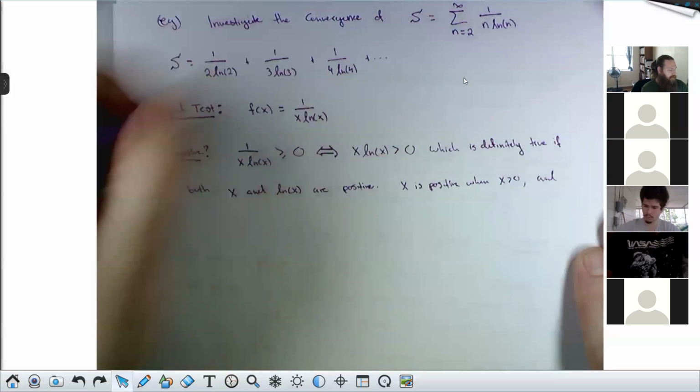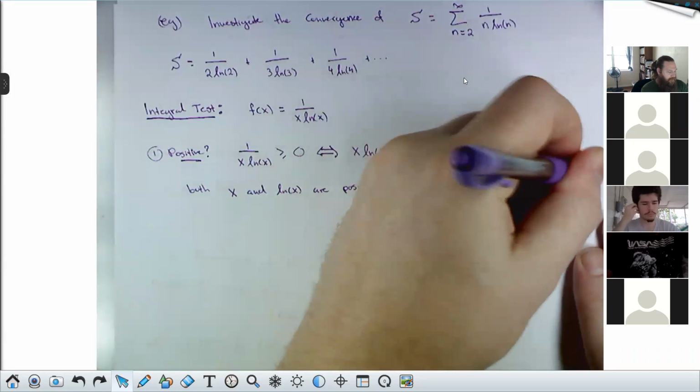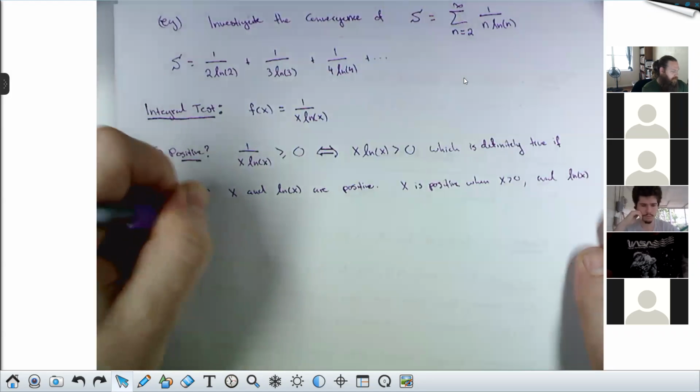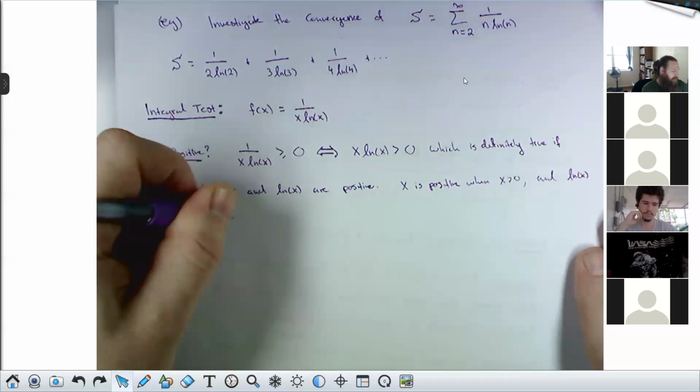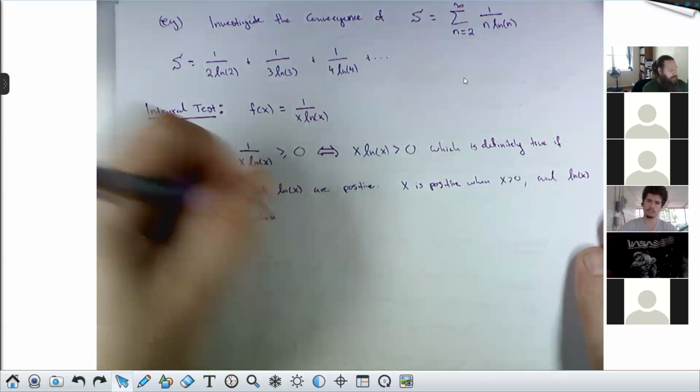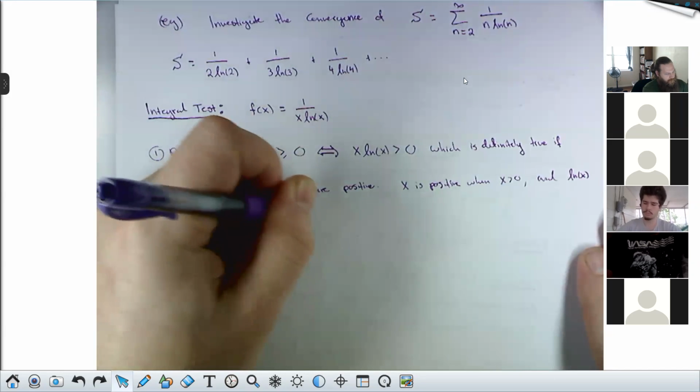And ln x is positive when x is greater than 1.